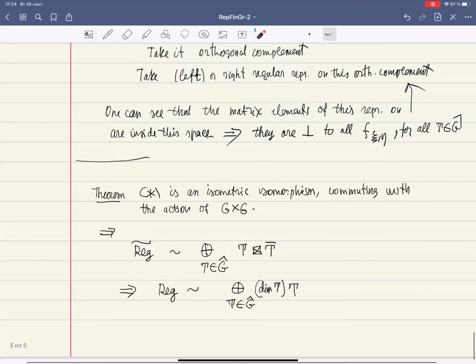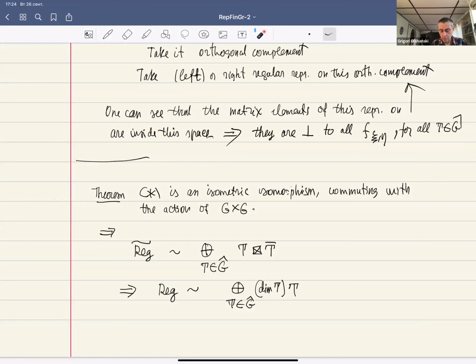Excuse me, where did the dimension of T come from in the last line? So did I understand correctly that you ask why this implies this? Yes. So this is because if we restrict to the first factor, what happens? This is a representation of G cross G, okay? And restricting just means that we take here the unity.